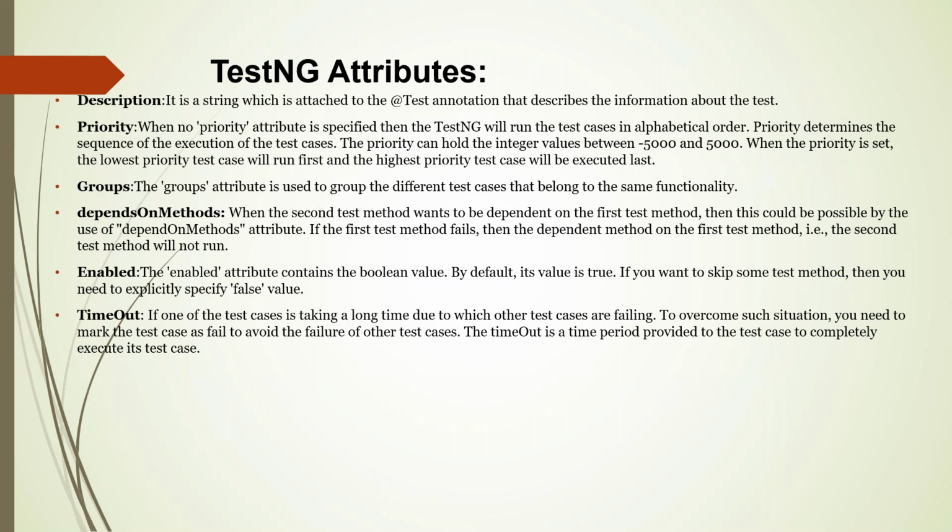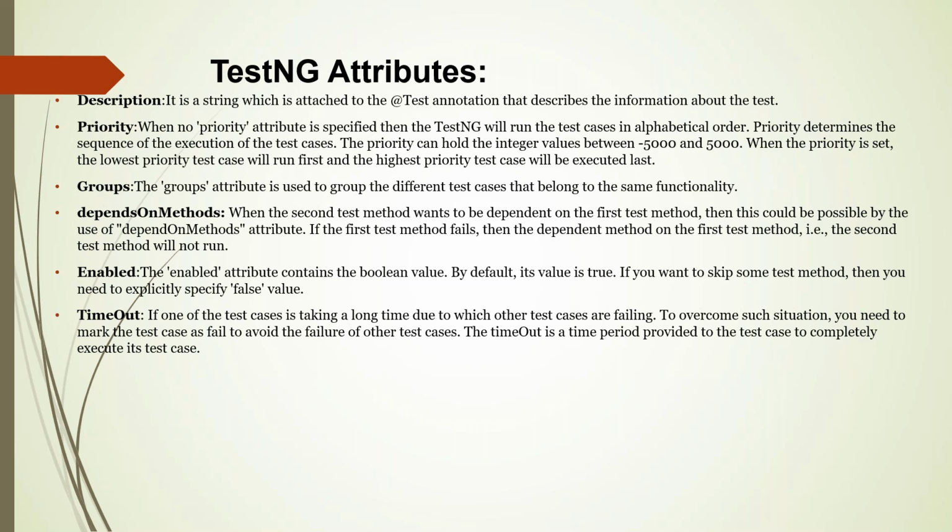Okay. Now coming to the next, timeout. If one of the test cases is taking a long time, due to which other test cases are failing, to overcome such a situation you need to mark the test case as failed to avoid the failure of other test cases. So I will keep the timeout.